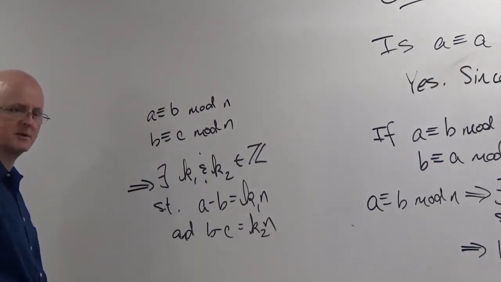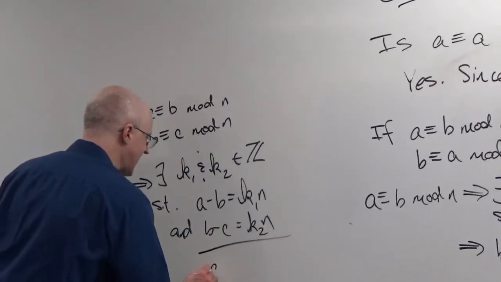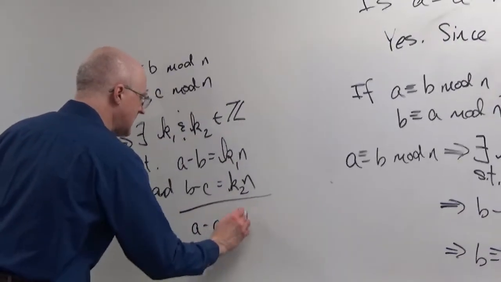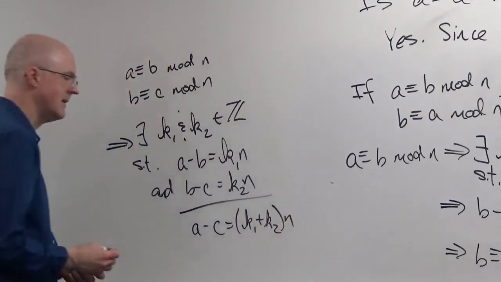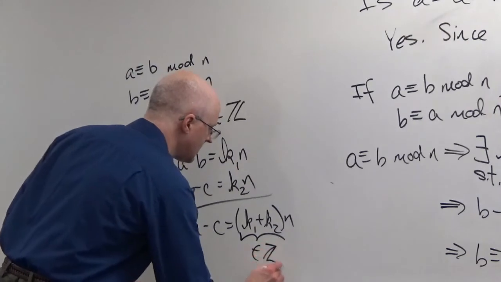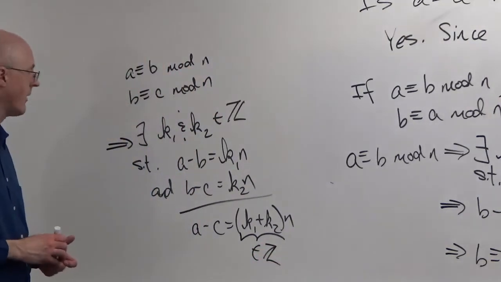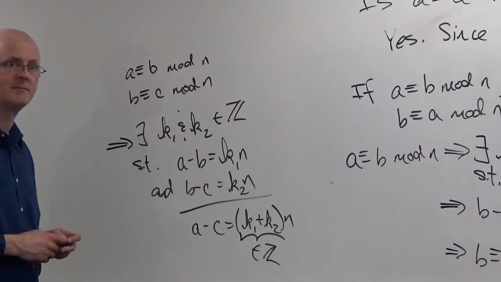And you had a problem similar to this in the first homework. That's going to imply, if you add these equations, that a minus c will be k1 plus k2 times n. A minus c will be an integer multiple of n. And therefore, a will be congruent to c mod n. The transitive property will work as well.